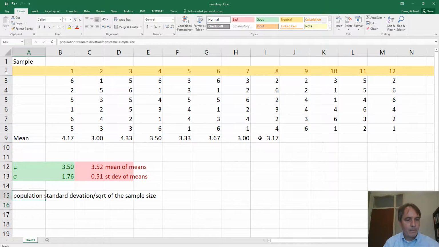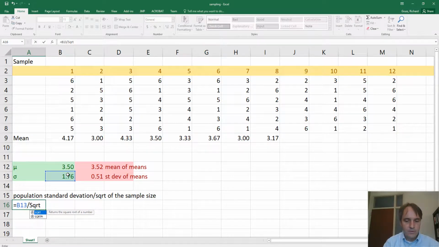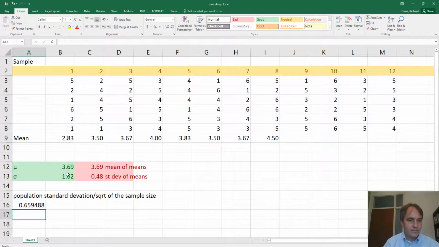So we take the population standard deviation, which is here, and divide it by the square root of 6, which was our sample size. Okay, so we'll do that: this divided by the square root of 6, and it's 0.65.